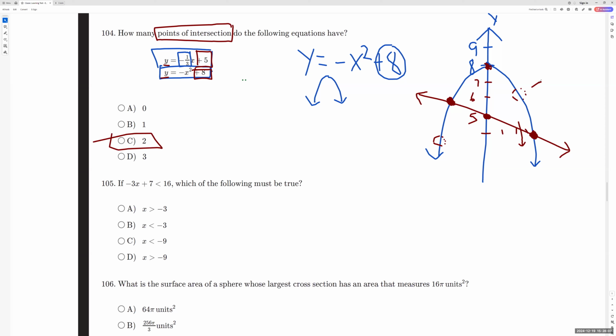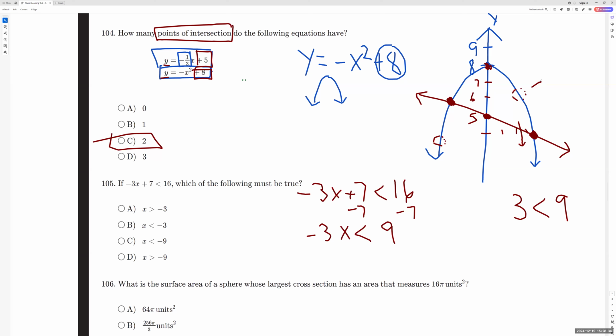Okay. The following is true when you have -3x plus 7 is less than 16. Let's subtract 7 from each side, and we get -3x is less than 9. Now, remember that when we divide or multiply by a negative, we're going to change the sign. If I have a 3 and a 9 positive, I have to say that is less than.